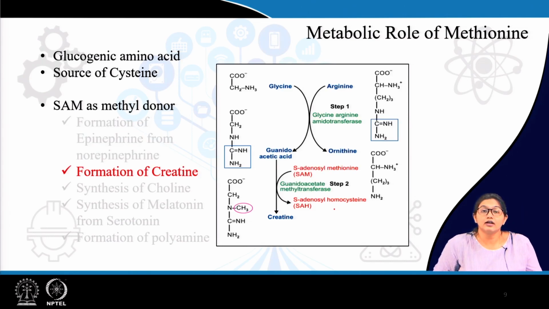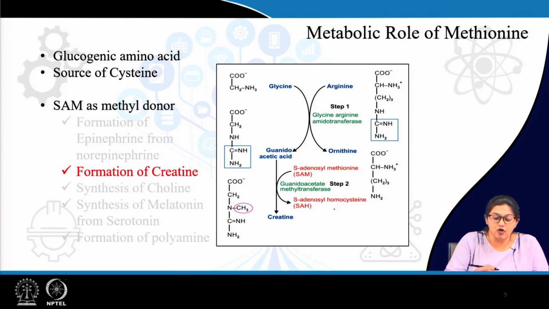Then creatine is also formed with the help of methionine. So, creatine is one nitrogen based compound which is adequately present in the skeletal muscles, and that is formed from the amino acids glycine and arginine.